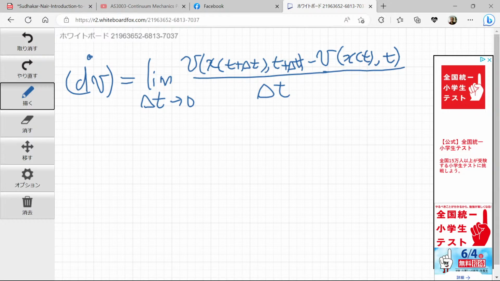Let me see. This is dt, dv. No, this is not right.